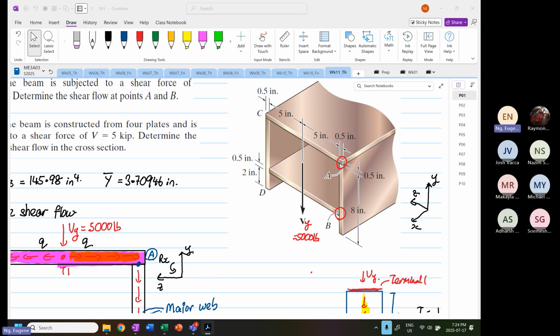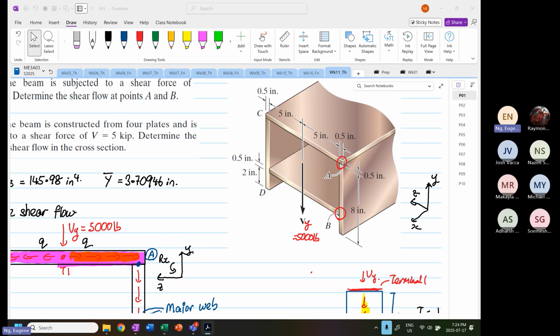The thickness is 0.5. So for this case, where maximum shearing stress will occur is definitely at the centroid, because at the centroid, the first moment of area is the largest.